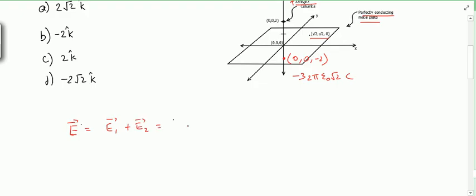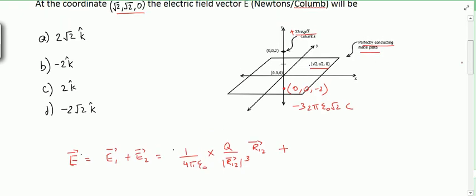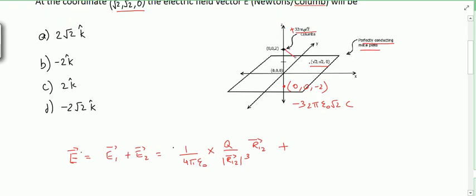Due to a point charge, if you remember, the electric field is 1 by 4 pi epsilon naught, q by magnitude of r12 cubed, in the direction r12. Similarly for the other charge it will be the same formula. So we have to find this r12 first, for both of them, from here to here and from here to here.